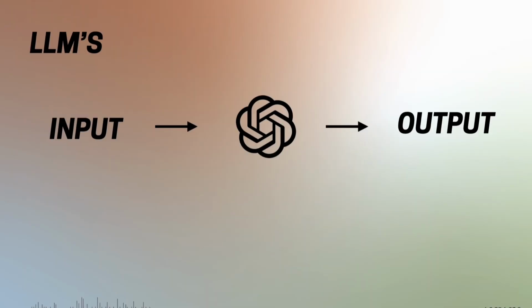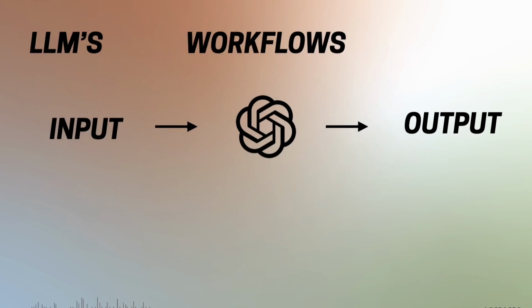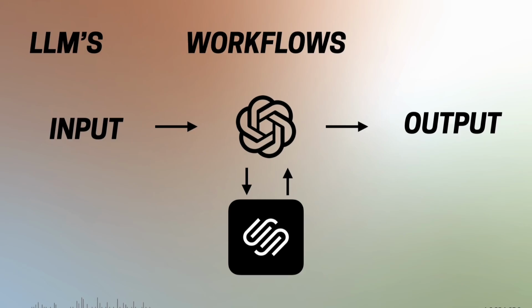So let's just do a quick summary so that you really understand the 3 levels of AI available now and what they each mean. The first level is our LLMs. Simple input to output. The next level is our workflows, and these are predetermined multi-step tasks. You design the logic and the AI follows.